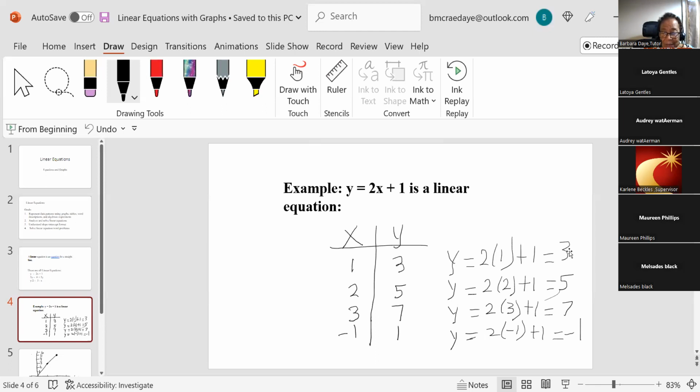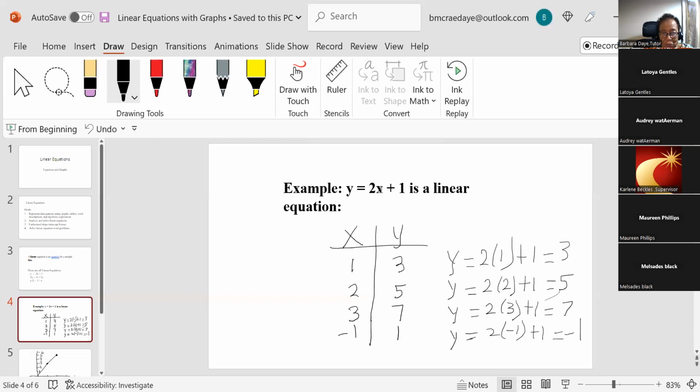Everybody following? Substitution of the variable. If we said X is 2, 2 times 2 is 4, and 4 plus 1 is 5. So when X is 2, Y is 5.